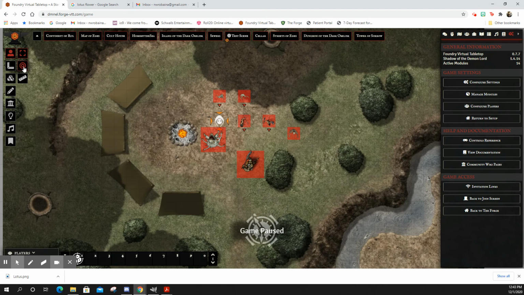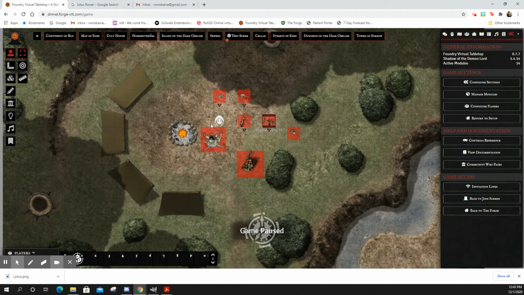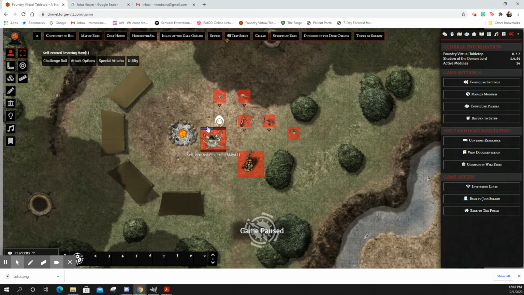Targeting you have to get rid of by either clicking the target and then clicking this again, or you can right click on the token and just click the target button and that gets rid of it as well. So a couple of different ways to do that, but you don't want that target lingering there forever because you're going to want to target other things in subsequent rounds.